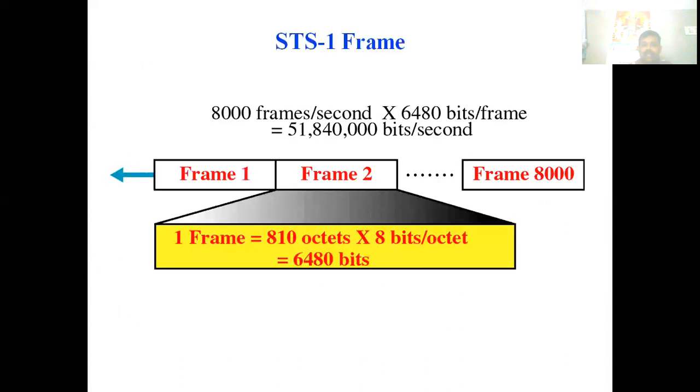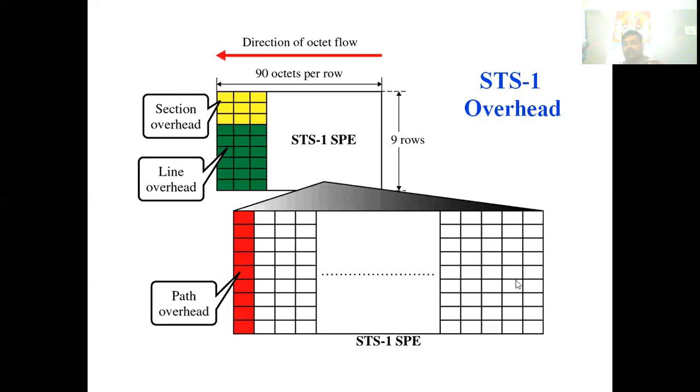So next one is the STS-1 frame. One STS signal has 8,000 frames, and each frame has 6,480 bits. This is the STS-1 frame, and these are the overheads. We have 3 types of overheads: section overhead, line overhead, and path overhead.